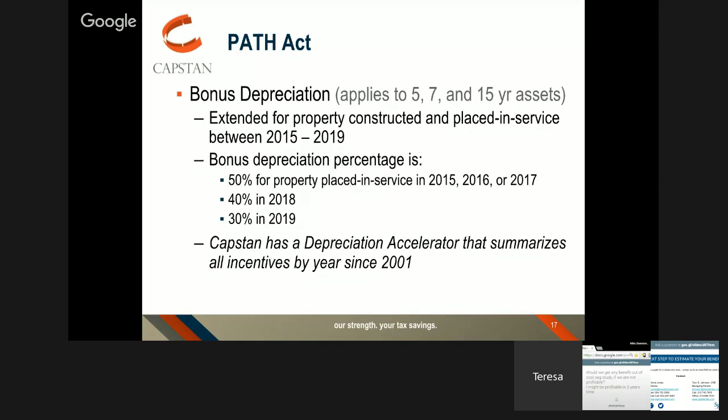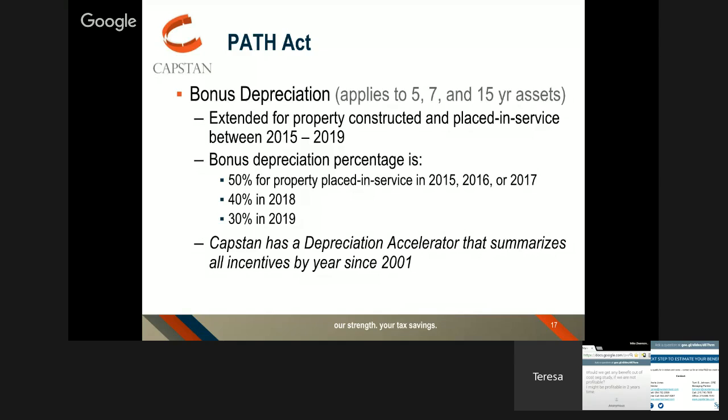They extended 50% bonus retroactively for 2015, for 2016 and 2017, and then it drops to 40% in 2018 and 30% in 2019. Wow, this was incredible because in the past, it's sort of like a year-by-year thing. All of a sudden we have a window moving forward that's really going to help you plan.